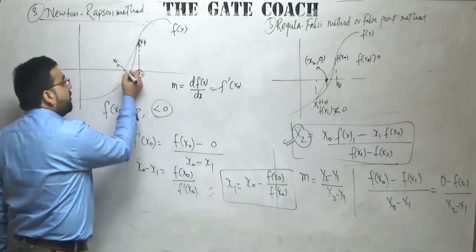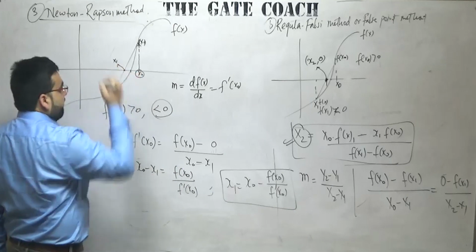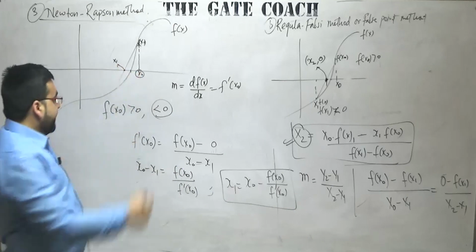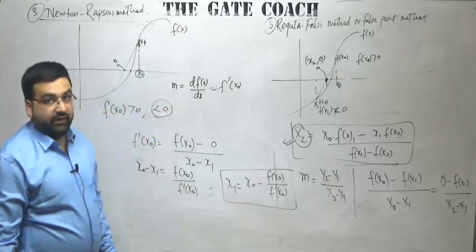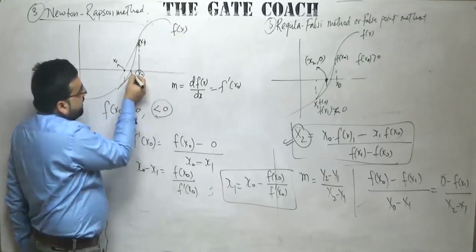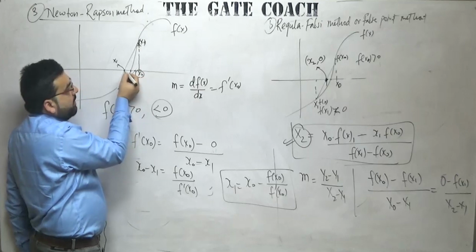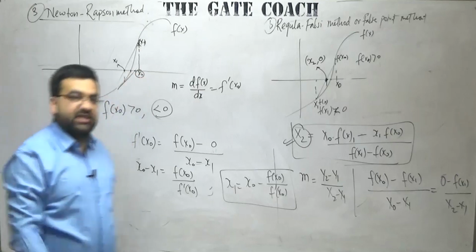Again, find out the value of f x1. And again from f x1 drop a tangent to get the value of x2. Again, let us say this is the value of f x1 you have got. Again drop a tangent. This tangent will intersect the x-axis, and this point will be much nearer to the exact root as compared to x1. This is the concept of the Newton-Raphson method.